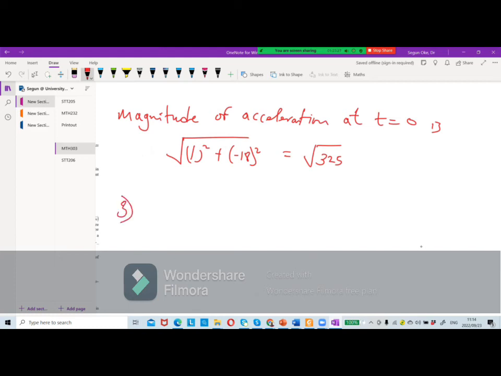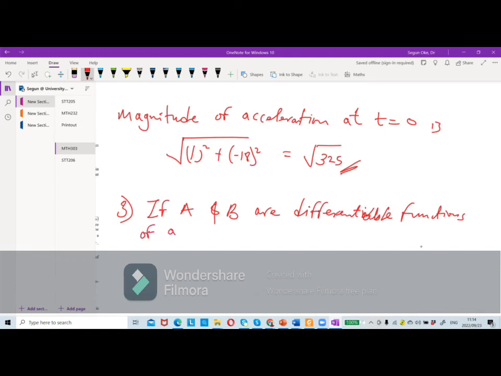Number 3. So if A, that's a final answer, you can find the square root of this and get it. If A and B are differentiable functions of a scalar u, prove the following.